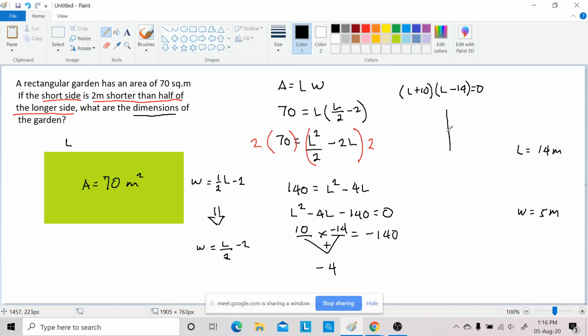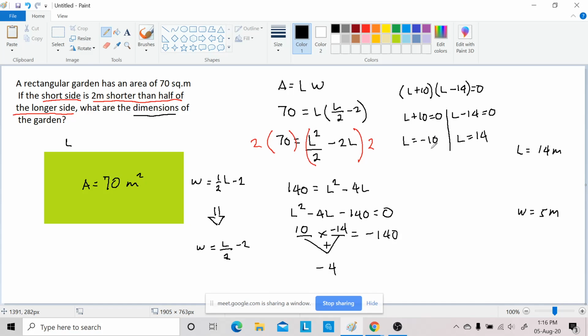Solving for the individual values, L plus 10 equal to 0, and L minus 14 equal to 0, leaving us two values, L equal to negative 10 and L equal to 14. Okay, so which one will we use?